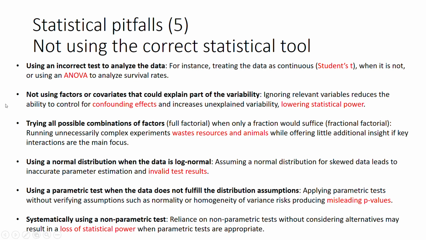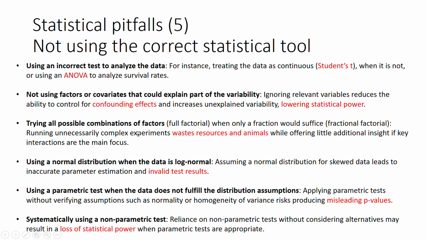Or you may not include all the factors and covariates that explain part of the variability, and then all these factors and covariates that affect your measurements are confounded in your noise, and you're lowering the statistical power of your analysis.